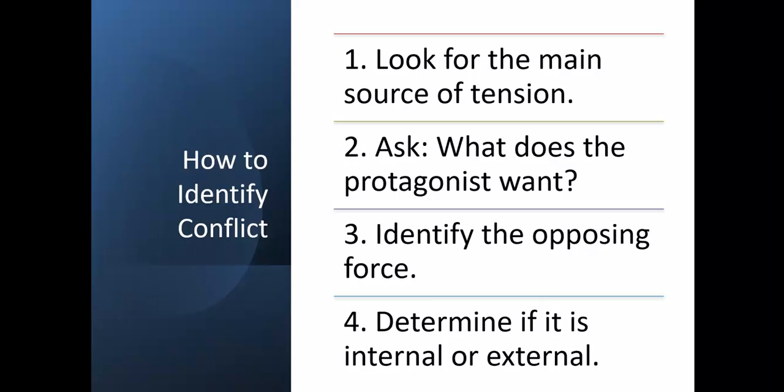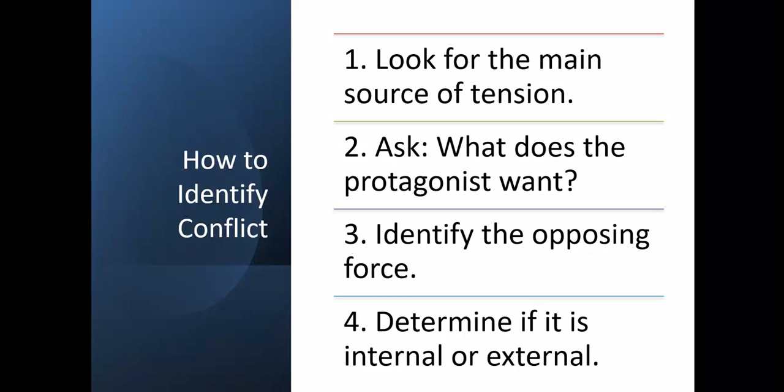So how do we identify conflict? I really want you to think about these. You're looking for the main source of tension. Where is that tension? Where is that push against? Where's that maybe obstacle, right? Ask, what does the protagonist want? What does the person with the goal actually want? What's the goal here? Identify the opposing force, right?